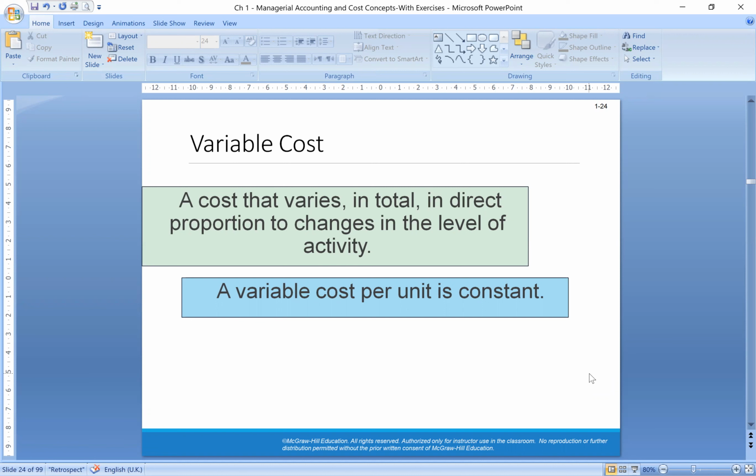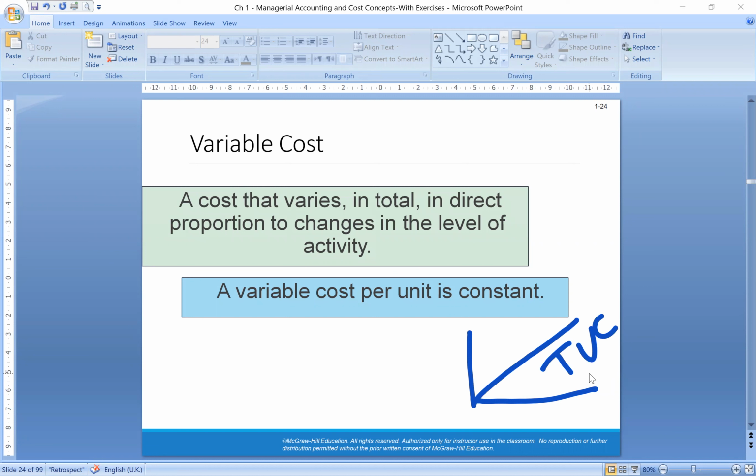So the shape for this cost will be a line starting from 0 and increasing in constant or a fixed proportion, which is the slope for the line. So the shape will be like this. This will be total variable cost.